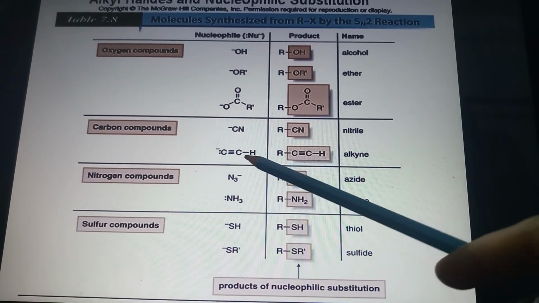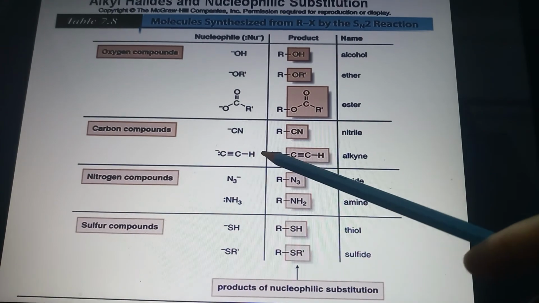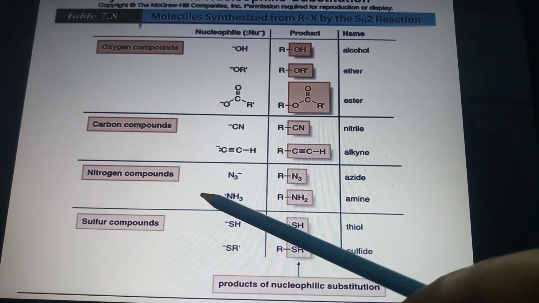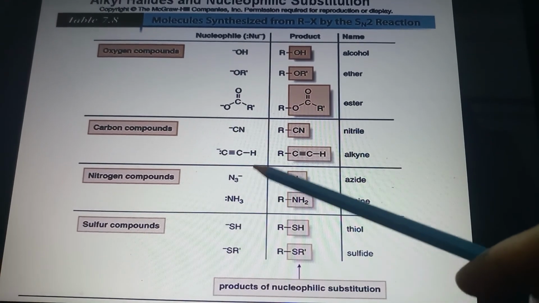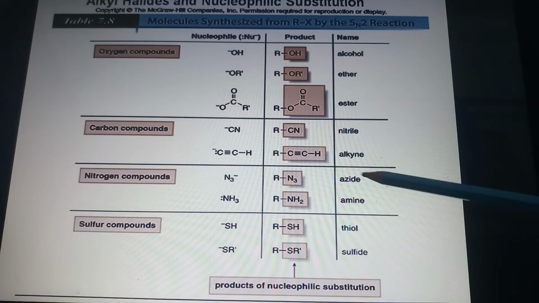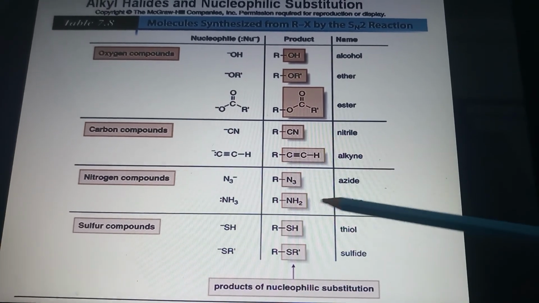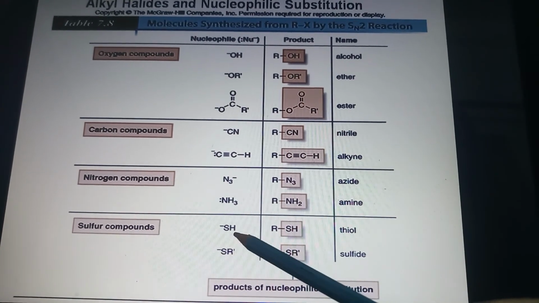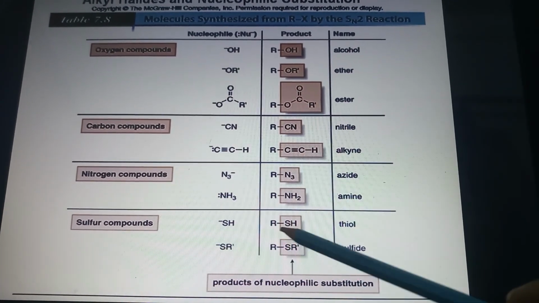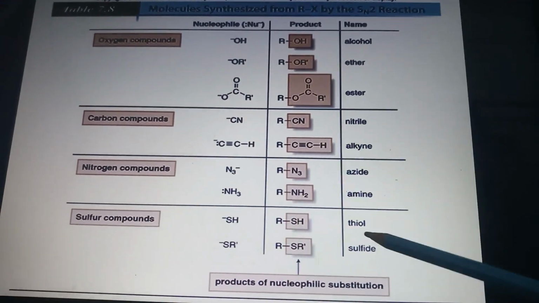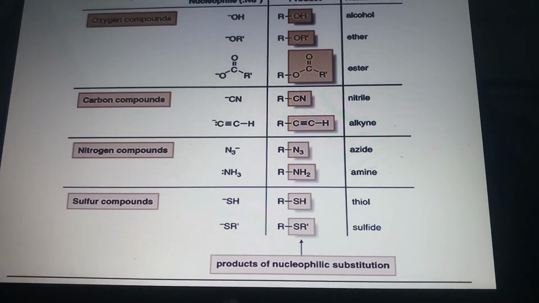If it is an acetylide anion, we will get an alkyne. In case of nitrogen compounds, if we have the azide anion, we will get an azide. In case of ammonia, we will get an amine. For sulfur compounds, if it is SH minus, then we will get a thiol. If it is SR minus, then we will get a sulfide.